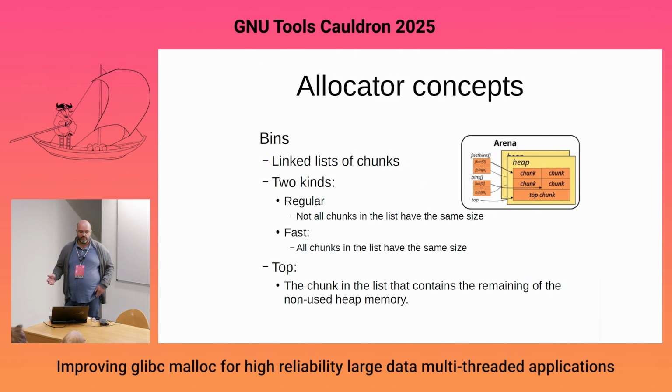The regular bins would be for bigger size allocations, and the fast bins would be for smaller ones. In the case of glibc, the regular bins could contain a doubly linked list. One of the lists would allow traversing through all the sizes of allocations, while the other list would allow traversing through the chunks, which are the units with the memory objects, in this particular case, those that were not allocated, that have been freed.